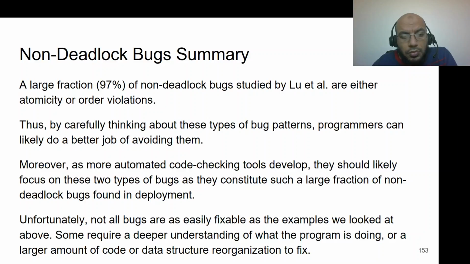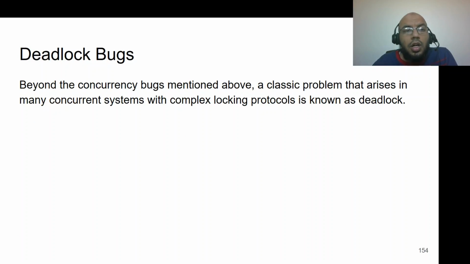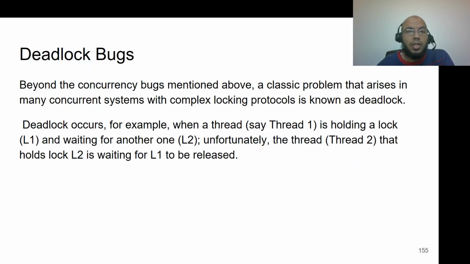So some bugs are definitely harder than the ones that we saw. Deadlock bugs are very hard to actually find, because many of the deadlock bugs happen only when some order happens. So unless that order happens, you can run for months before this deadlock kicks in. There are many systems that will run for even years.